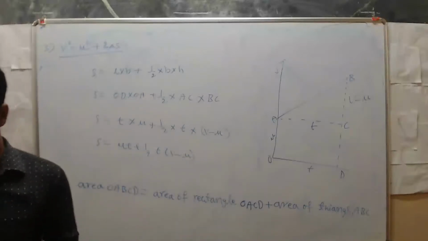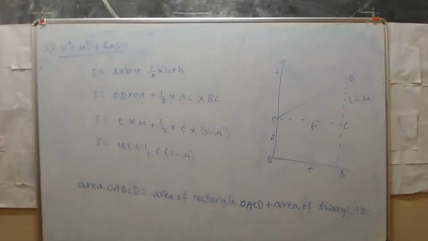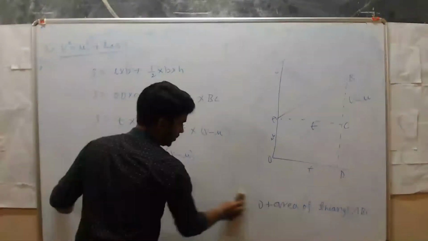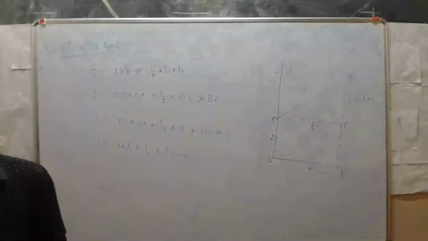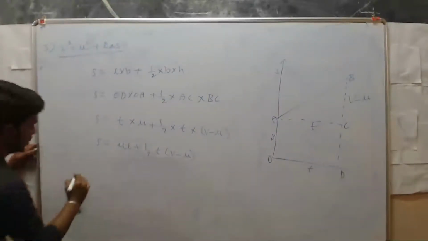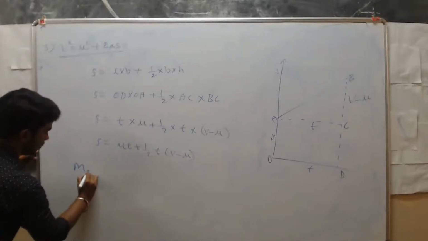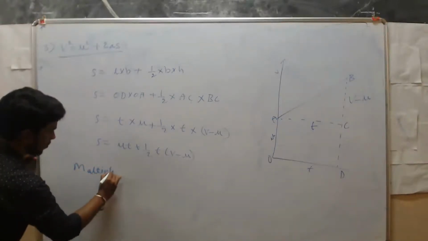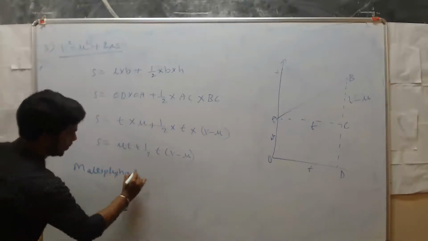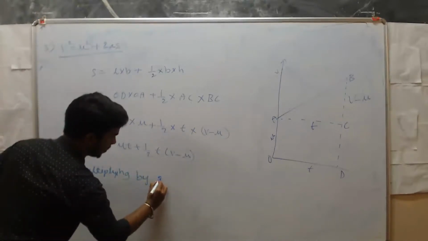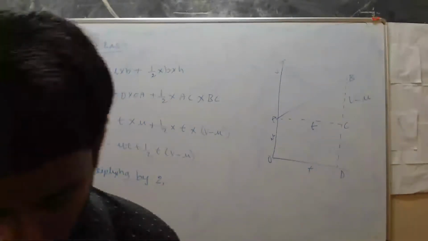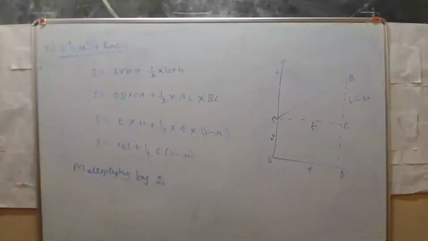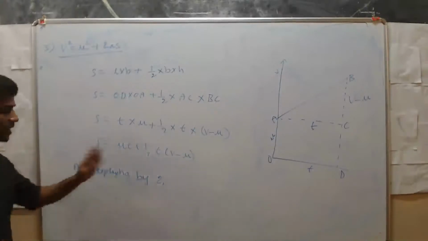So now what's the next step? Multiplying by 2, on both sides, left hand side and right hand side.